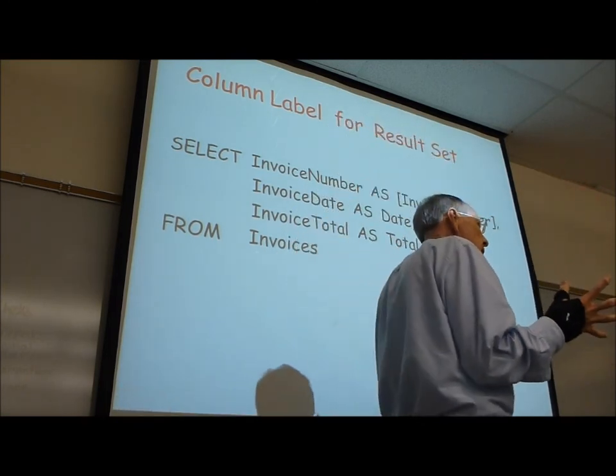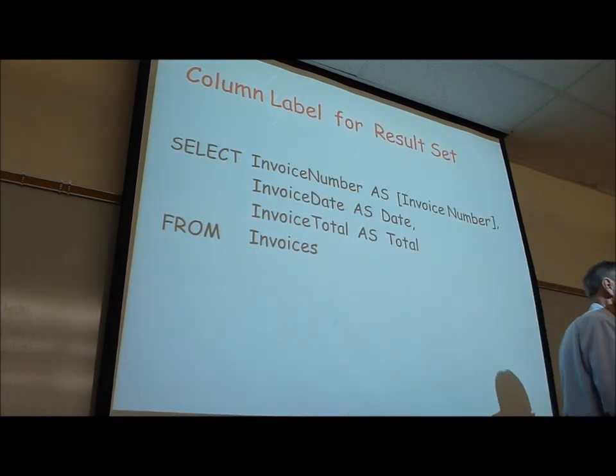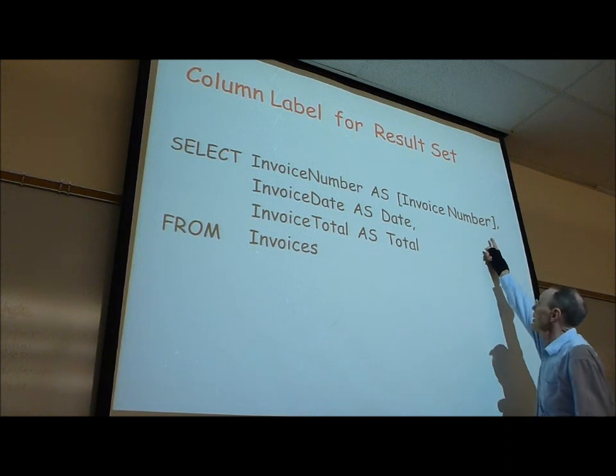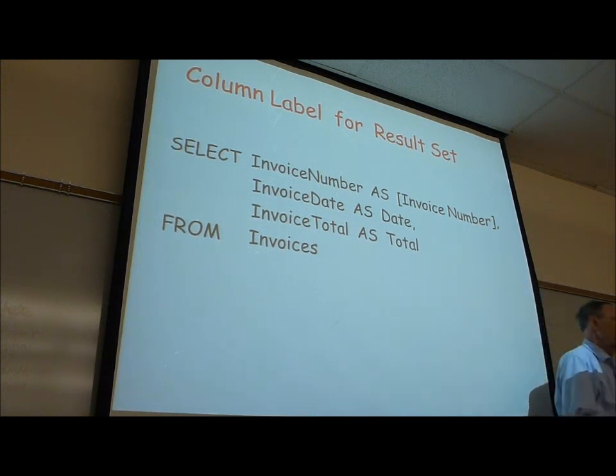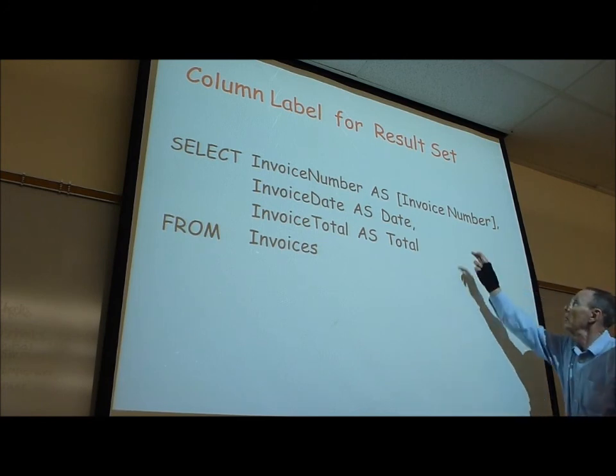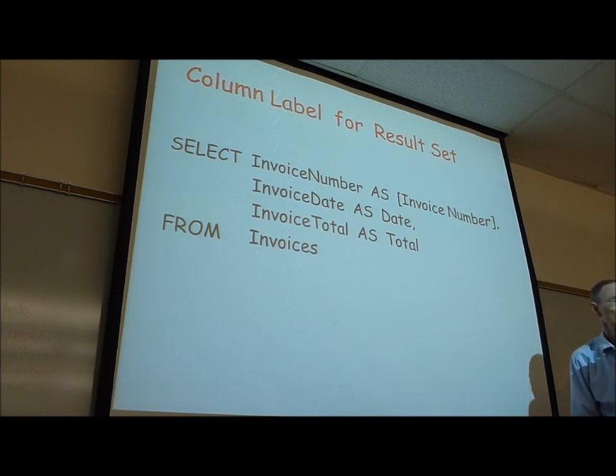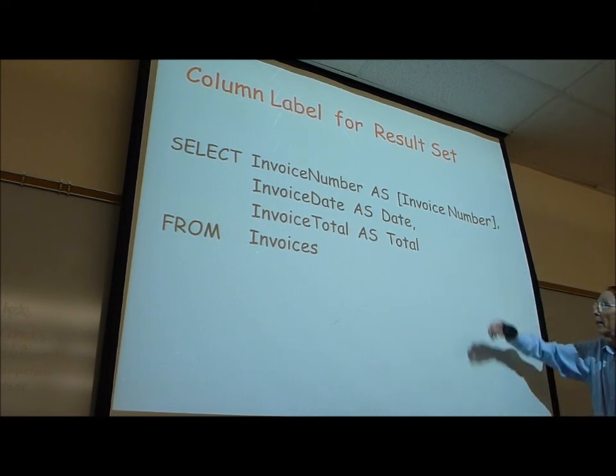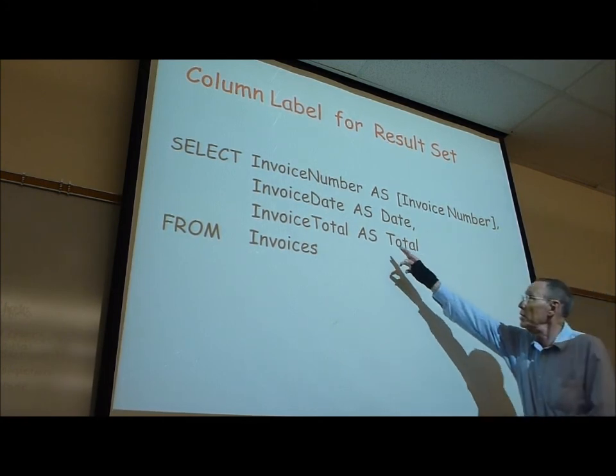When I have a space in my label, I have to have the angle brackets around it. That's to tell it, give me that as is, so that it doesn't use the space as a delimiter. So if I want to rename the column of my output, I'm going to put Invoice Number, and I'm going to do that.